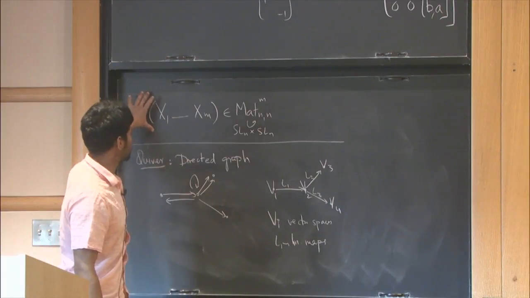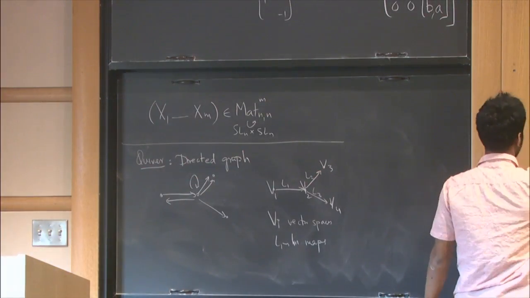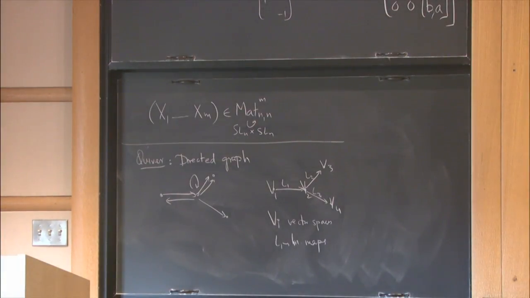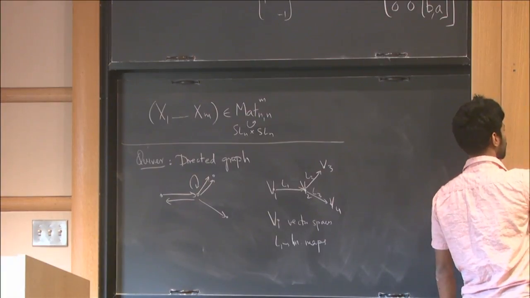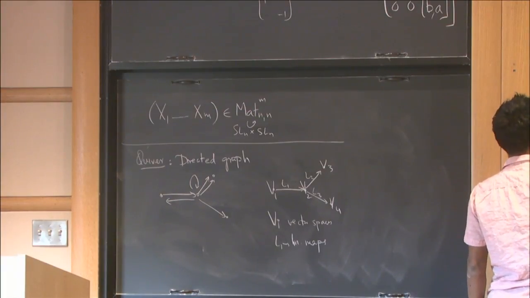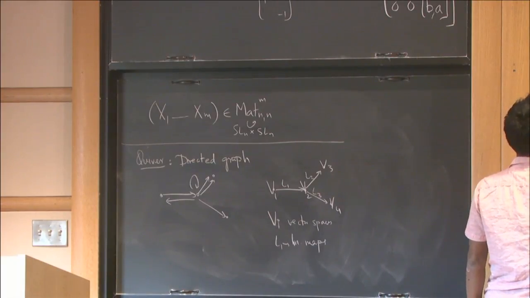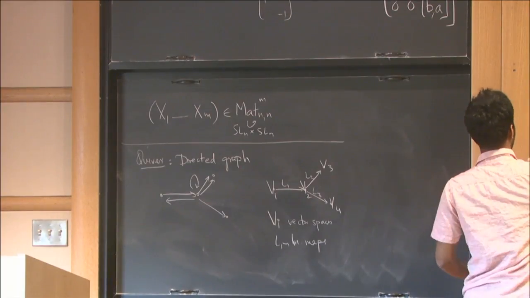How do I look at this as some kind of representation? I have to look at the Kronecker quiver. The Kronecker quiver is one that has two vertices and m arrows between them. This is called the m-Kronecker quiver.